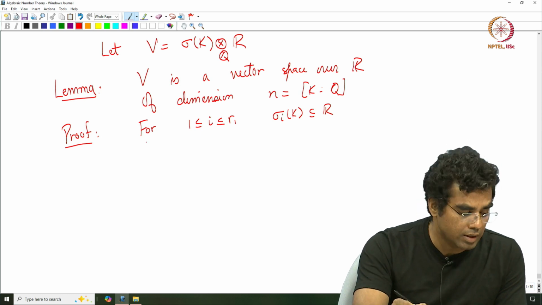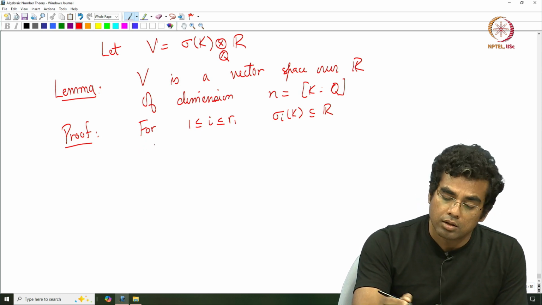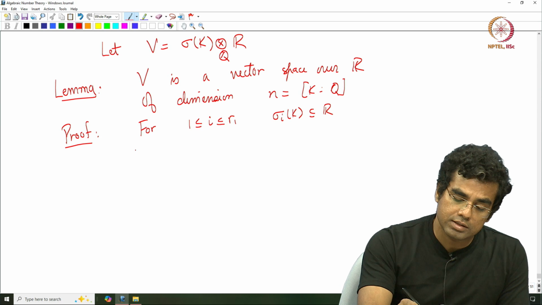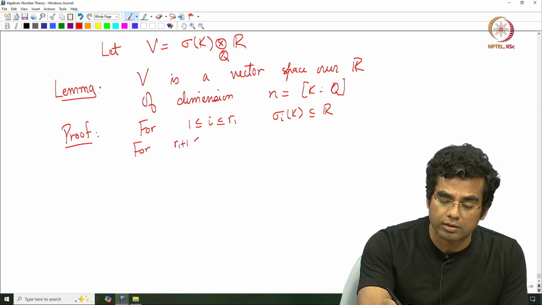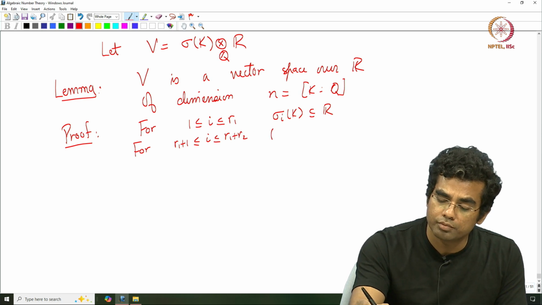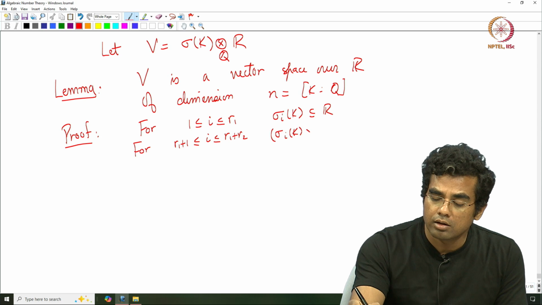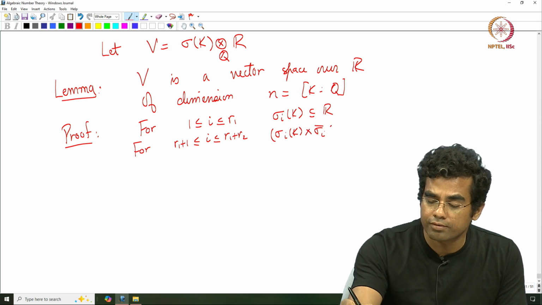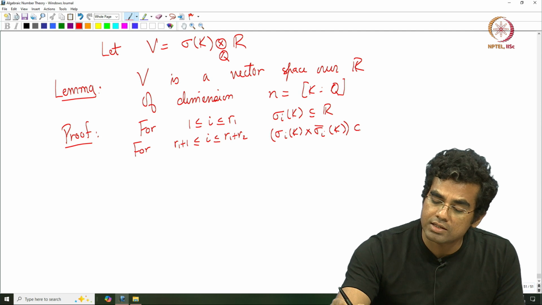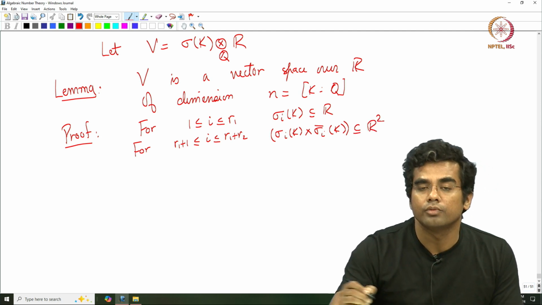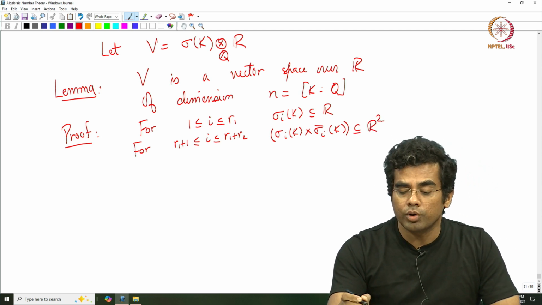These are the R1 real embeddings, and then for I between R1 plus 1 and R1 plus R2, sigma I of K, sigma I bar of K, this thing is contained in R2, right, because they are both determined.